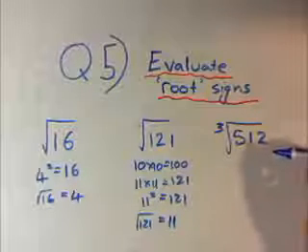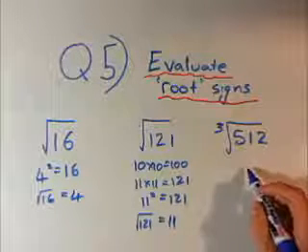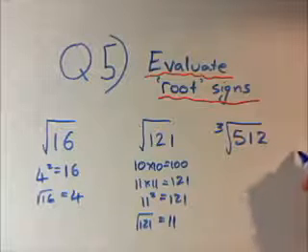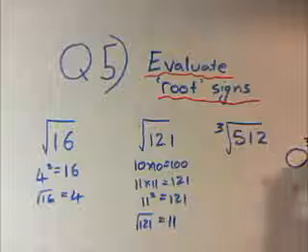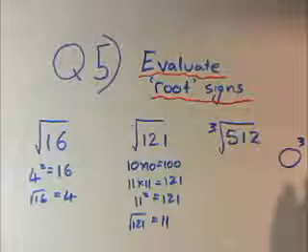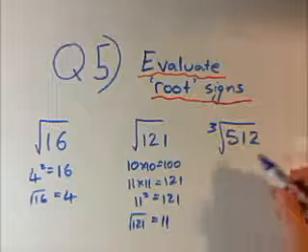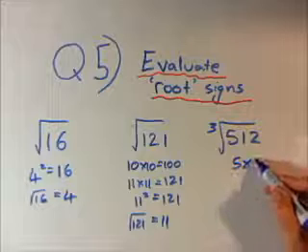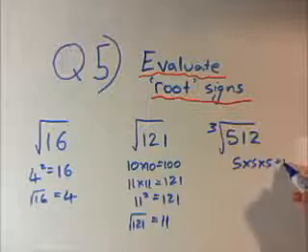Now this one here, cubed root, this is the hardest of the 3. So we're looking at which number to the power of 3, or which number, let's draw just a circle representing a number, to the power of 3 is equal to 512. Bring this in, there we go. Now this is a bit tough on the head, but let's have a look. Let's try a number. Let's try 5. 5 times 5 times 5 equals 125.